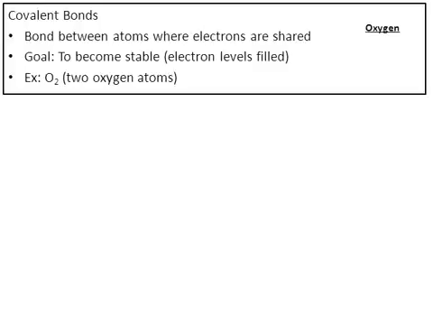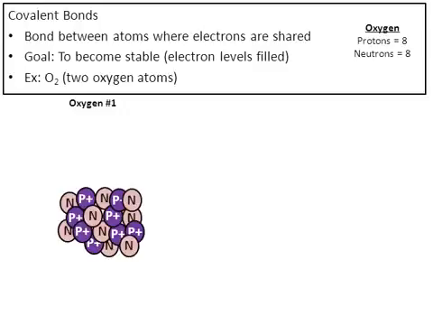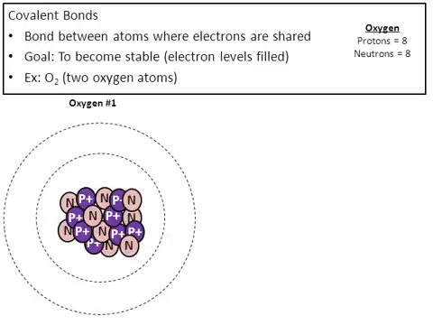So let's look at oxygen. From the periodic table, it's got 8 protons, it's got 8 neutrons. So let me draw oxygen number 1. I'll get to oxygen's electrons in a moment. So in the nucleus of oxygen number 1 are going to be 8 protons and 8 neutrons. Well, I'm also going to draw the electron levels around the nucleus, and now I can tell you that oxygen has 8 total electrons.